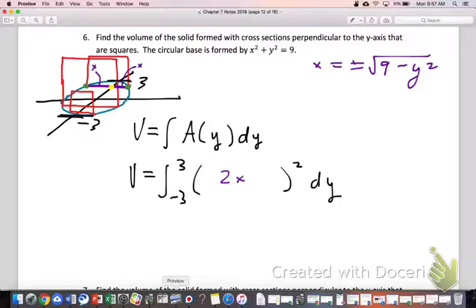Two of them? 2x? Does that make sense? So then you'd replace the x with what x is equal to, which we just found earlier. So that was definitely a useful thing to do. So you would say 2 times the square root of 9 minus y squared, right? And that would give it to you.